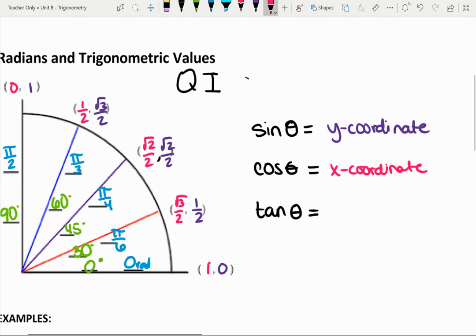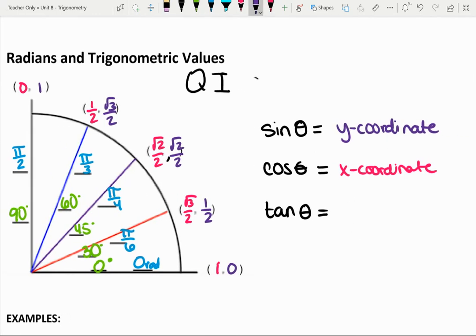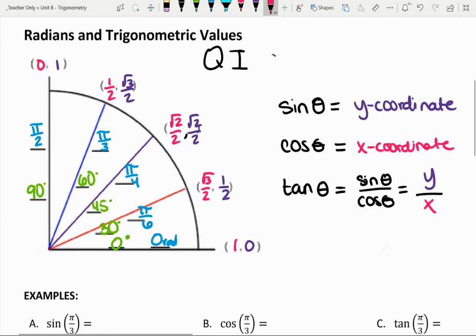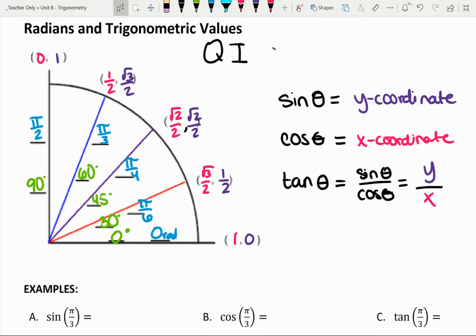And then tangent, if you watched that video last week, tangent of any angle theta is equal to sine of theta divided by the cosine of theta, which for us will be the y value divided by the x value. So just like last week when we were using the unit circle to find trig values for degrees, we're doing the same thing here just with radians, a little bit more practice.